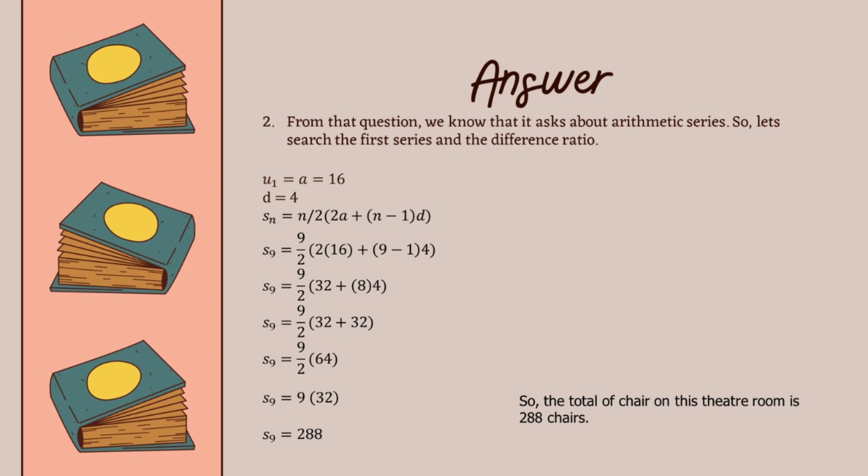So put the numbers into the basic formula. S sub 9 equals 9 over 2 times the quantity 2 times 16 plus the quantity 9 minus 1, the quantity, times 4, the quantity. S sub 9 equals 9 over 2 times the quantity 32 plus 8 times 4, the quantity.